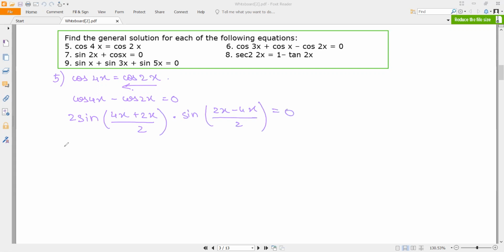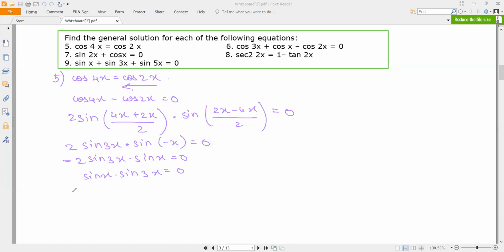This value will be equal to 0. 2 times sin of 6x/2, which is 3x, into sin of −2x/2, which is −x, equals 0. Sin(−x) equals minus sin x. So minus 2 sin 3x into sin x equals 0. So you have sin x into sin 3x equals 0.